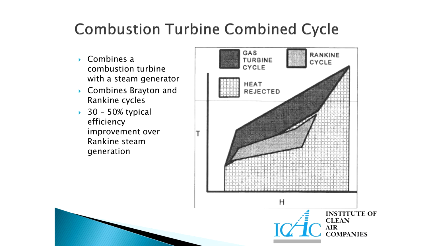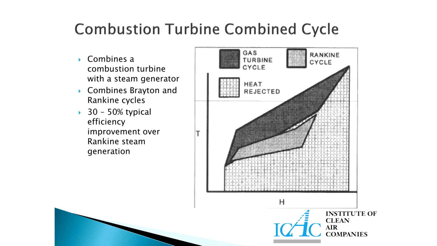In the combustion turbine combined cycle, why they call it a combined cycle is because you take two thermodynamic cycles and you combine them. The first one is the gas turbine cycle, or as they call it, the Brayton cycle, which is the darker part, and you combine it with the Rankine cycle, which is the pulverized coal, as I would call it, boiler cycle, which is the lighter gray.